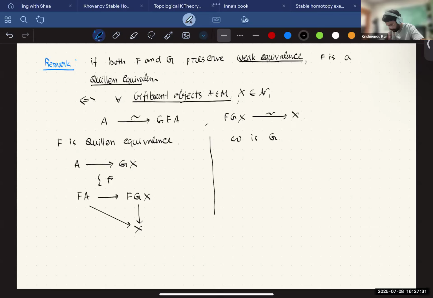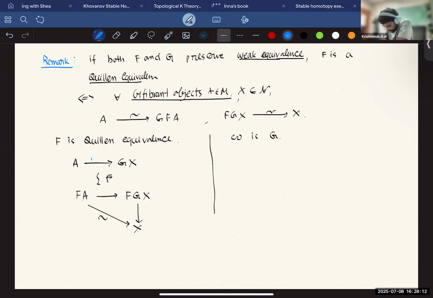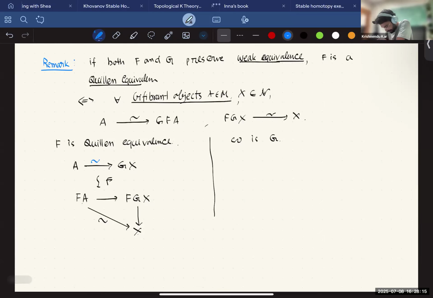Now, A is your bifibrant object. In particular, that means that F of A is cofibrant, and X is fibrant. So if F of A to X is a weak equivalence, then that means A to GX is a weak equivalence by your Quillen equivalence.